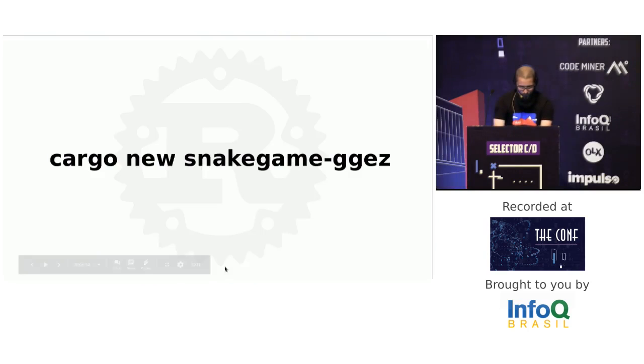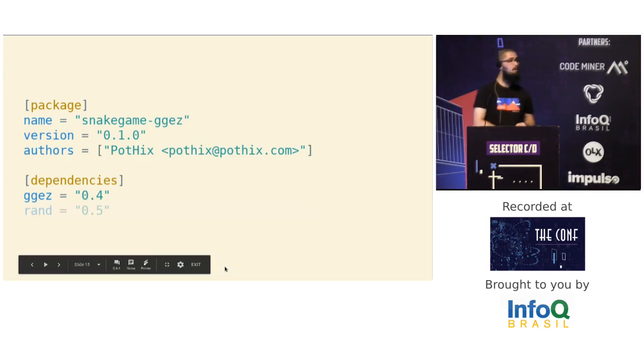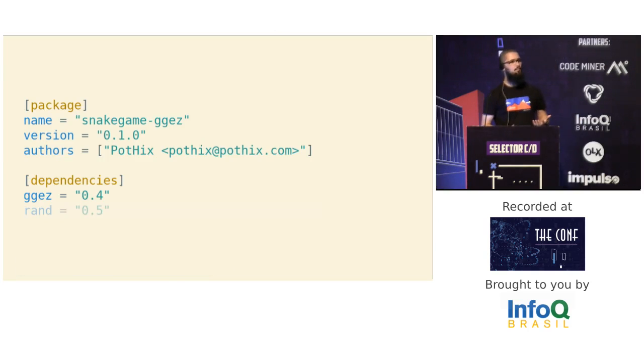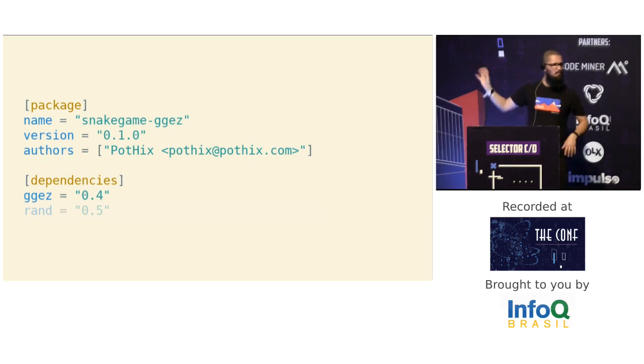And in our Cargo.toml file, we have basically this structure: the name of the maintainer, version, authors, and the dependencies. In this case, we just have the GGEZ dependency, and we will just run a cargo build, and it will bring all the dependencies and compile your game for you. In the main.rs, it will be just one println, and it will print on the screen.